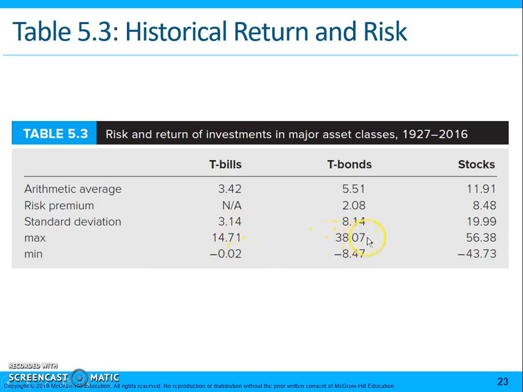Then we look at Treasury bonds, 38%, and a loss of almost 8.5%. Then we get to stocks, highest gain 56.38%, highest loss 43.73%. So some significant differences there. You can see as you move from Treasury bills to equity, the risk increases significantly. However, the return increases significantly.